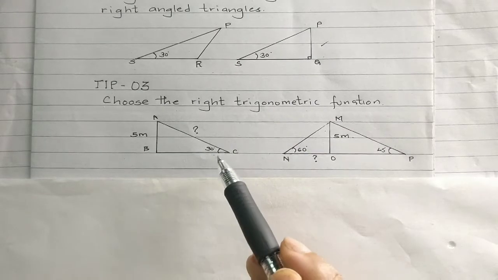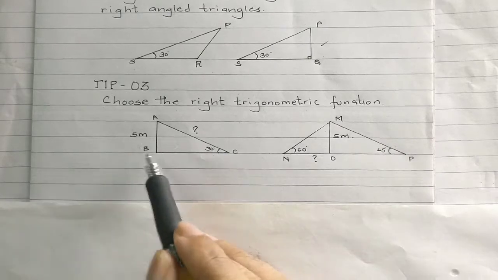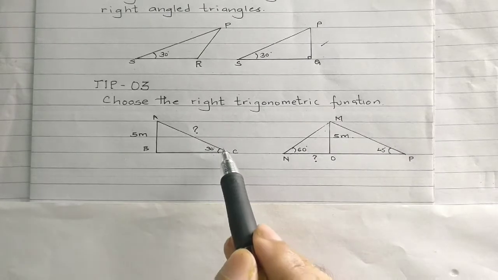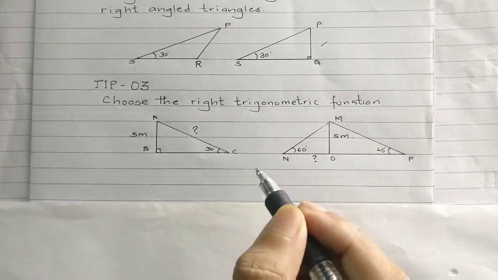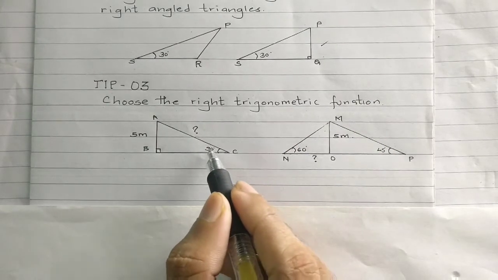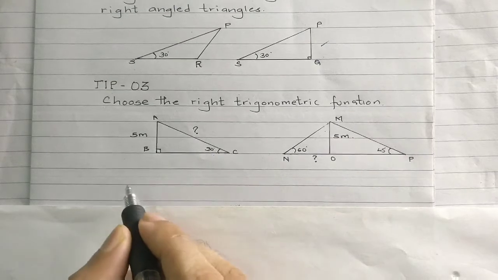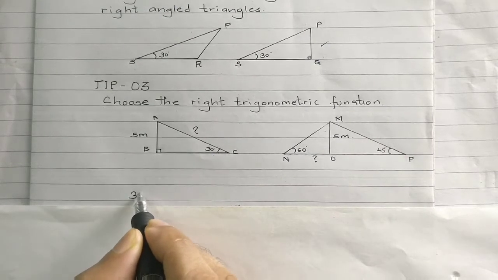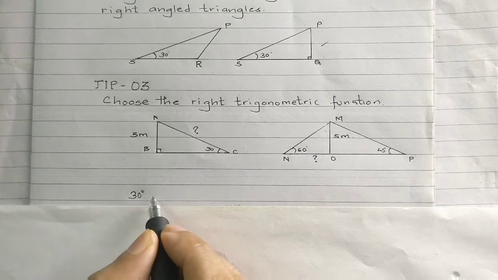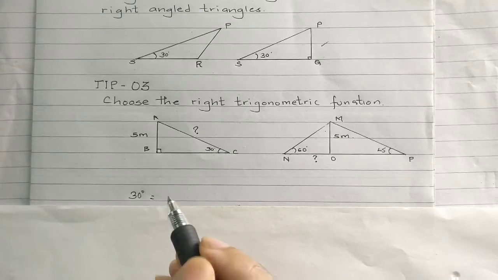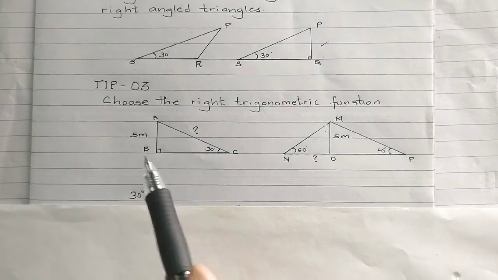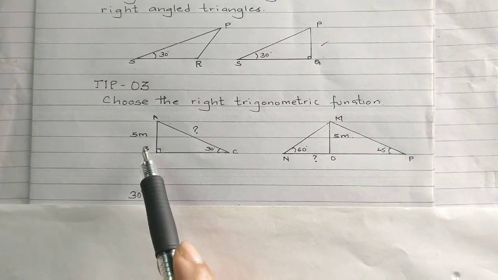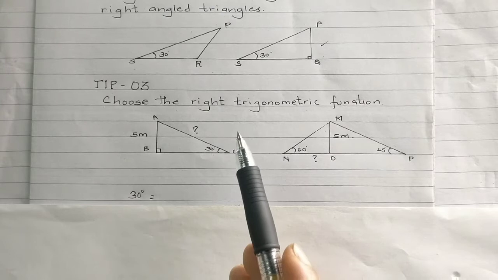Okay, so I have taken over here ABC, triangle ABC, which has a right angle over here. So the triangle which has 30 degrees, right? So I will write 30 degrees. Now which function I should choose will depend on which side is given to you and which side you want to find out.